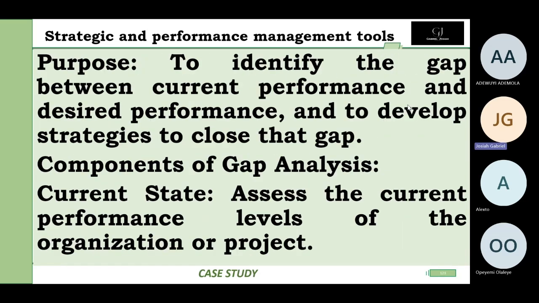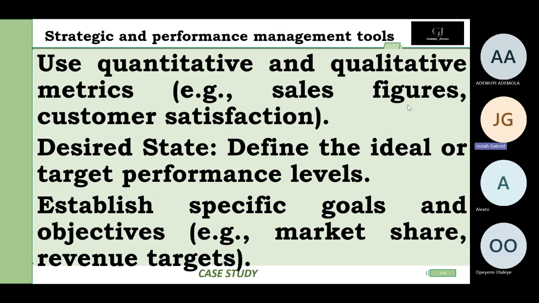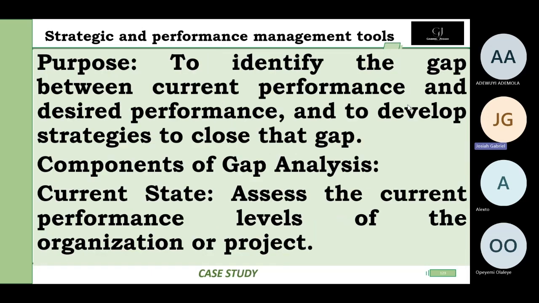And in assessing the current state of the company, you need to use quantitative and qualitative metrics. For example, revenue figures, customer satisfaction surveys. And these quantitative and qualitative metrics or analysis will help understand your current state better by numbers.